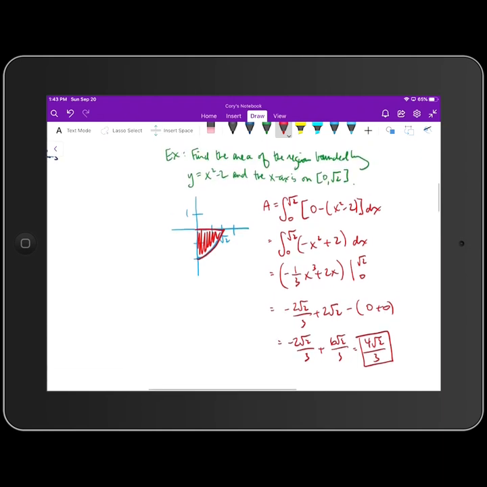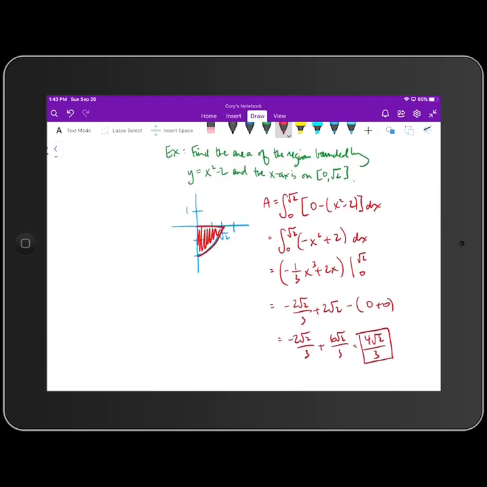Now, if the question asked us to just evaluate the integral from 0 to rad 2 of the function x squared minus 2, so when we evaluate the integral only, because that area lies below the x-axis, that integral should give us a negative area.